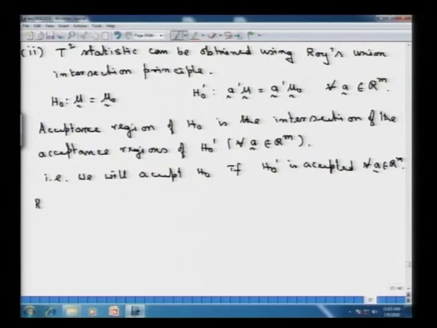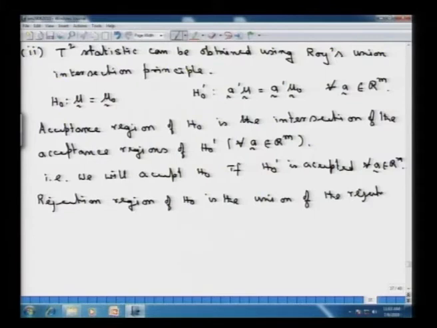What about the rejection region? The rejection region has the following relationship between the H naught and H naught prime hypotheses. The rejection region of H naught is the union of the rejection regions of these H naught prime set of hypotheses.